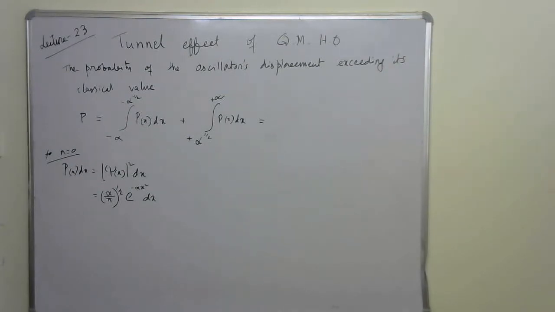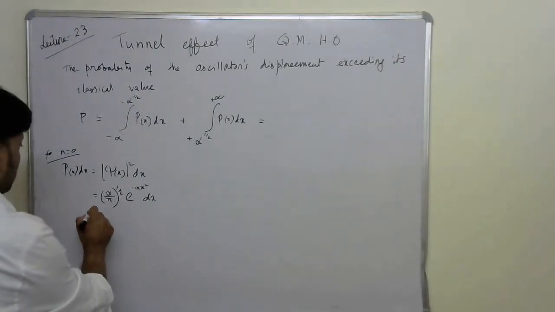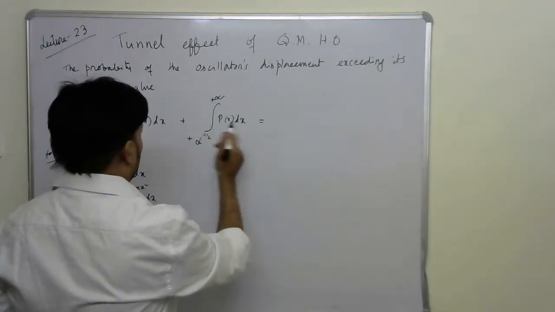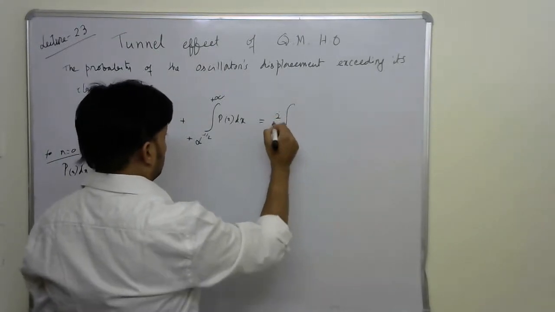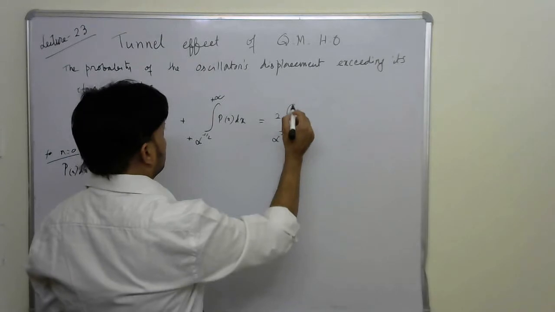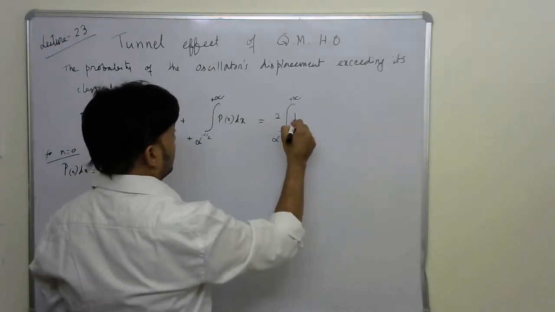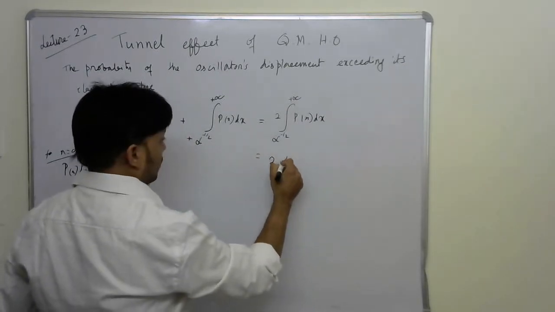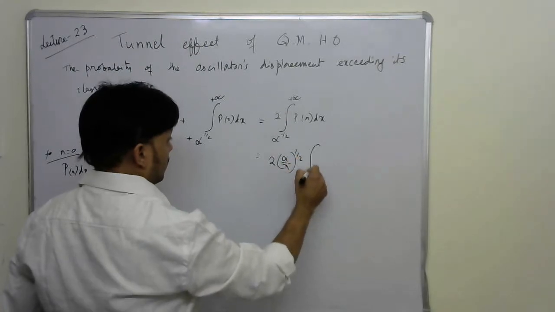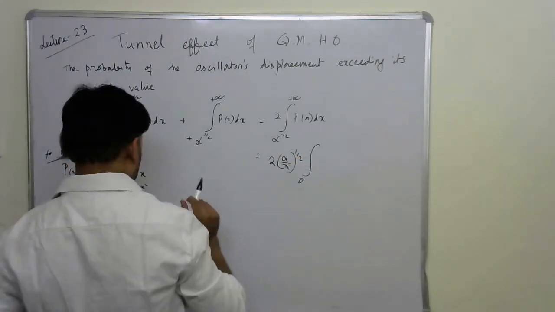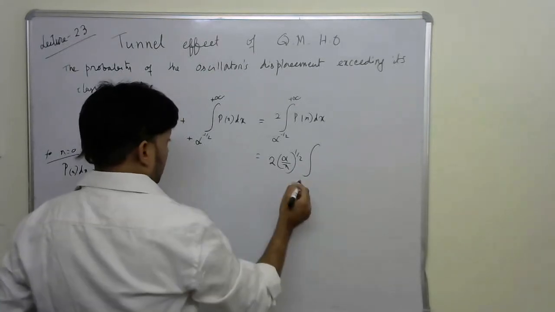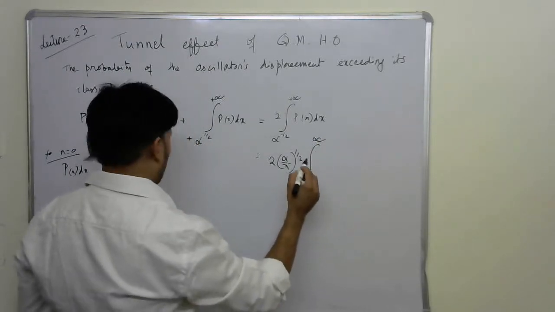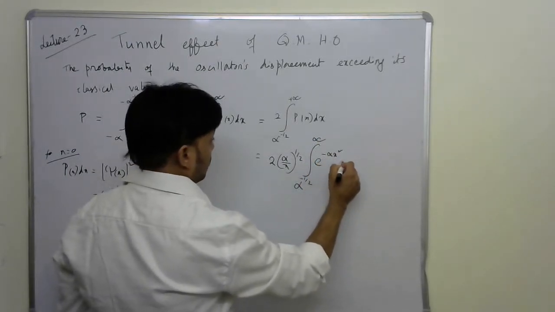Now you see that this is an even function, so we can easily write it as twice the integral from alpha to the power minus half to plus infinity of P(x) dx, or in other words twice of alpha by pi, which is the constant part, times the integral from alpha to the power minus half to infinity of e to the power minus alpha x squared dx.